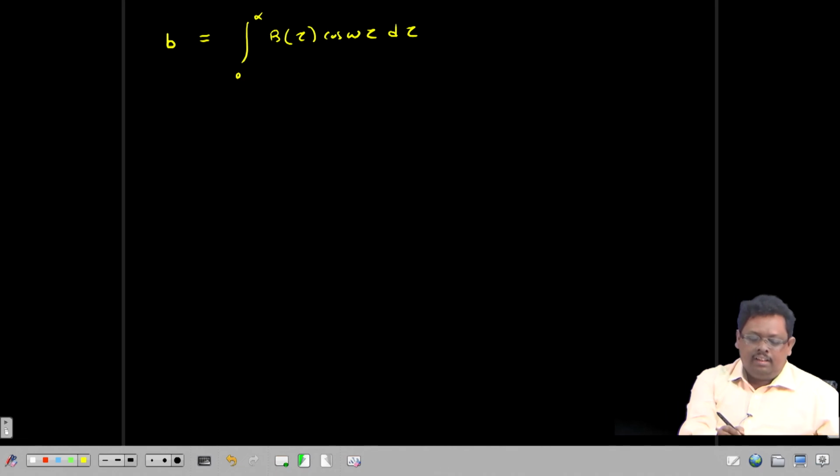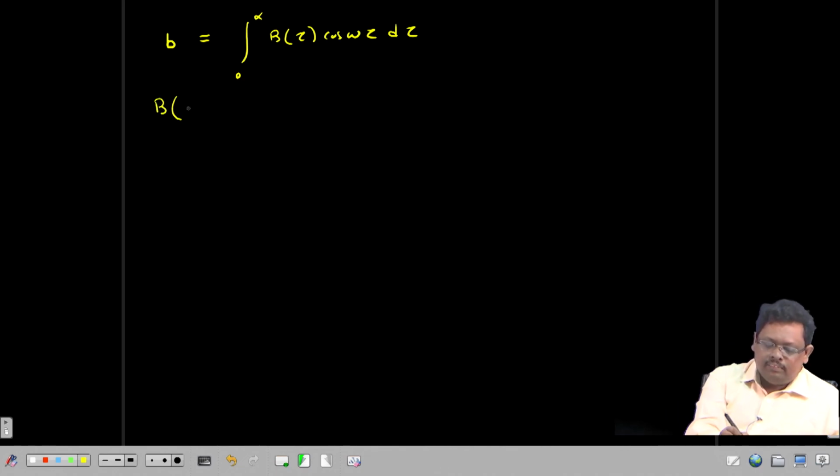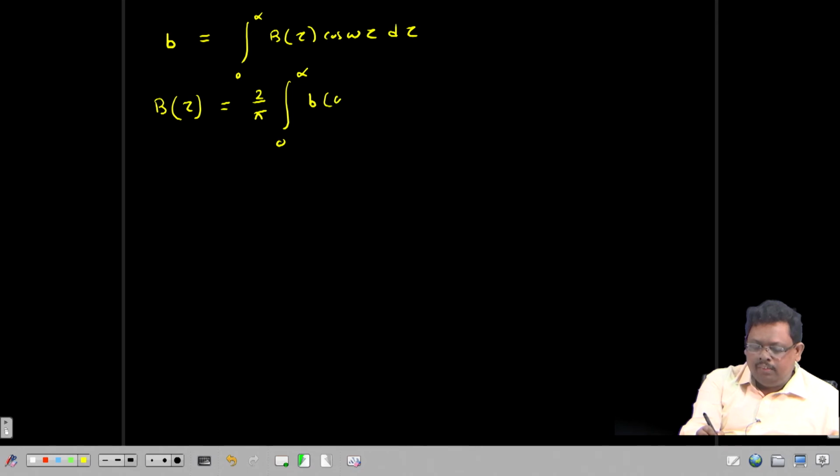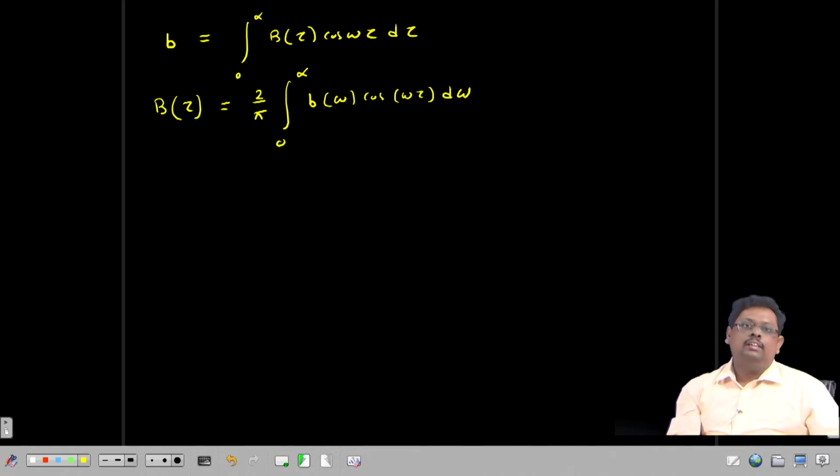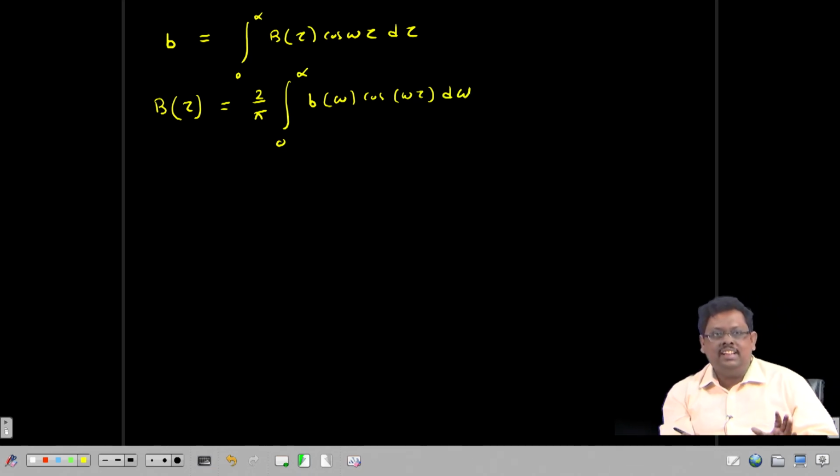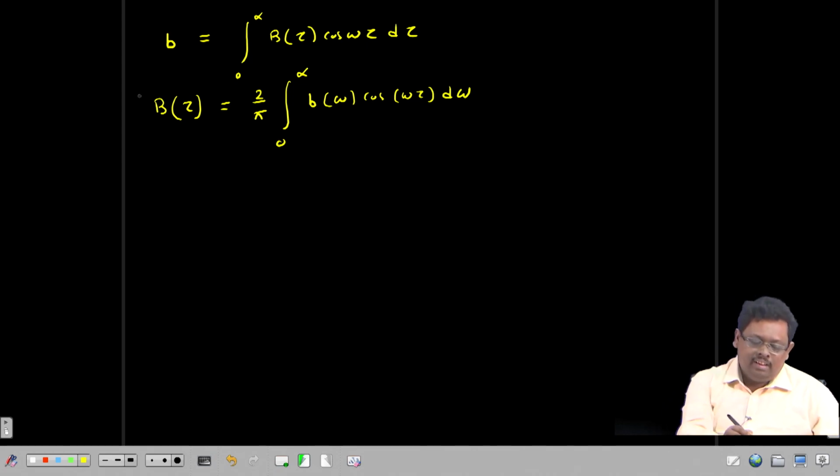Now, I know that if I use this Fourier transformation, b tau equals 2 by pi into integral from 0 to infinity of b omega into cos of omega tau d omega.